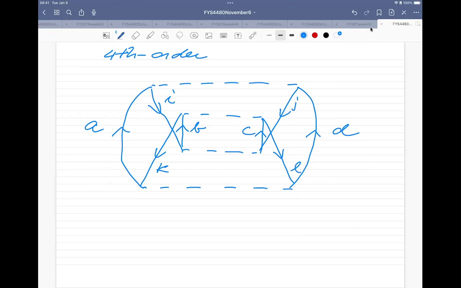Now, the reason why I'm bringing this up is that this is actually an interesting contribution. So let's now look at this stage which you have here. This is something which we can think of as a two-particle, two-hole excitation of the ground state.